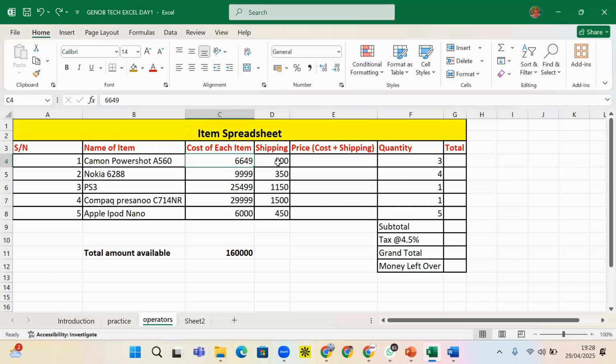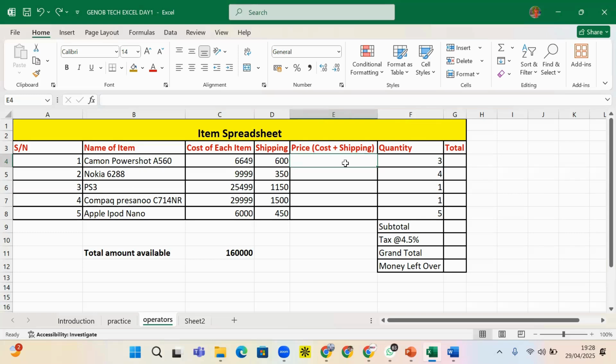The cost of shipping is 600. What is the price of one item, right? The price is the cost of the item plus the shipping. That will give us the price of the item, right? Cost plus shipping. Then we have the quantity. How many Canon were purchased? 3 Canons were purchased, right?